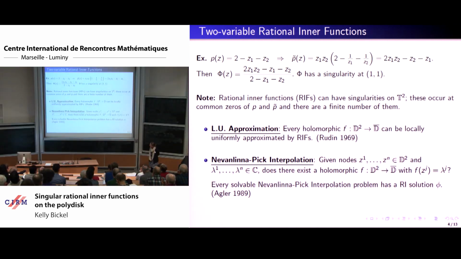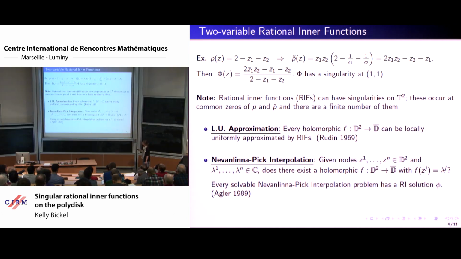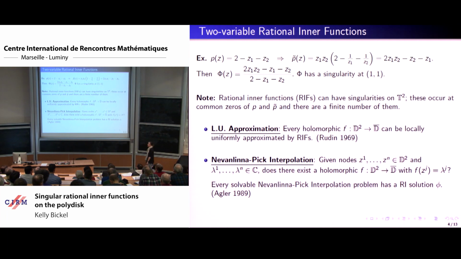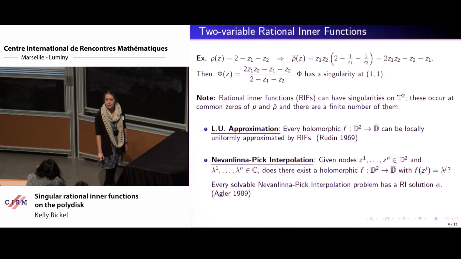Well, in his work with rational inner functions, Rudin back in the 60s showed that every bounded analytic function on the bidisk can basically be locally uniformly approximated by rational inner functions, if you multiply them by appropriate constants. If you make the h-infinity norm of your function bounded by 1, so if you look at Schur functions, then you can approximate locally uniformly by standard rational inner functions. That result actually extends to the polydisk as well.